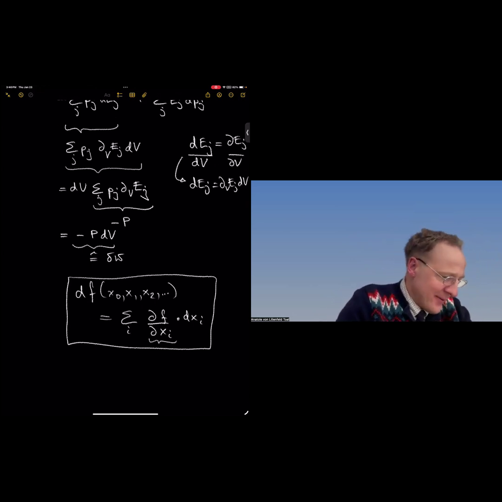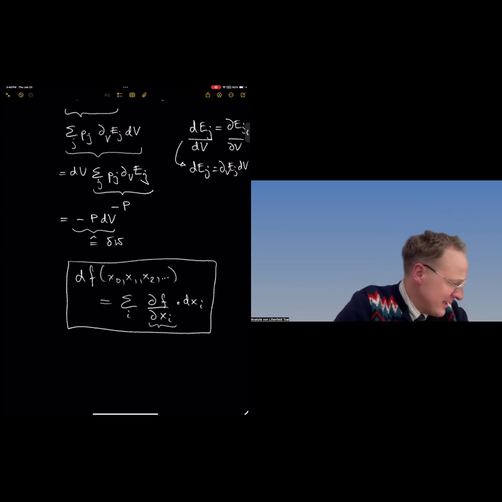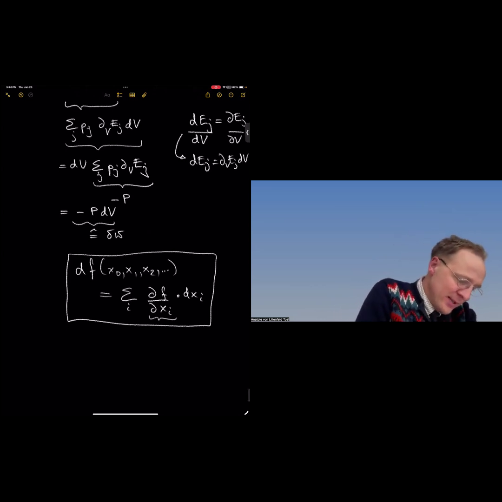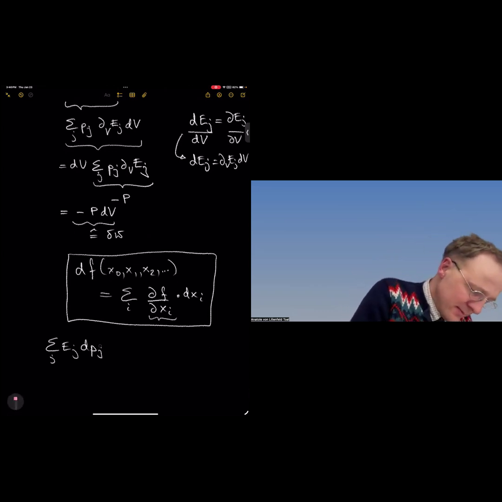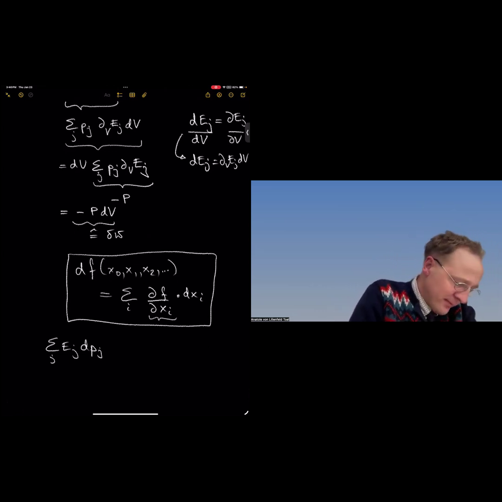All right, so we identified the first term as a work term, and now we'd like to find out if the second term indeed is a heat-related term. So let's look at the sum of our states, and now the differential of our beloved Boltzmann probability. And now we do again the same trick.